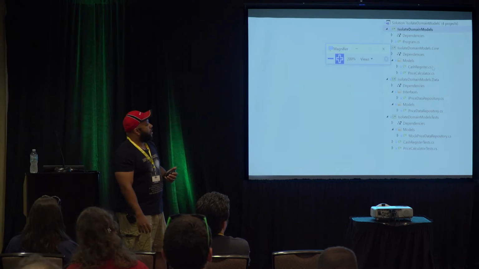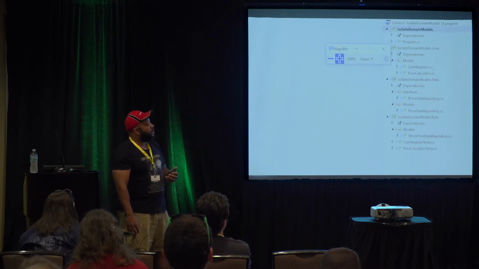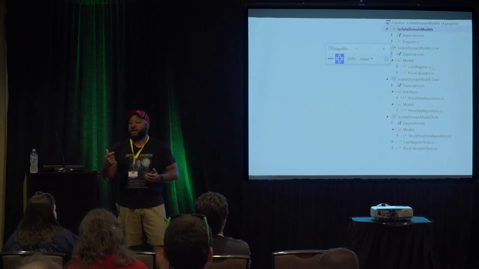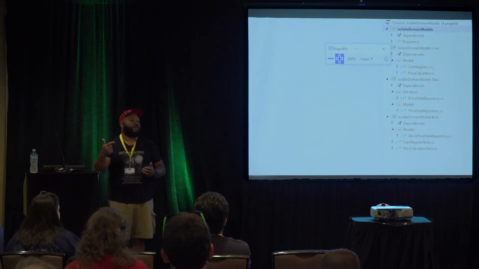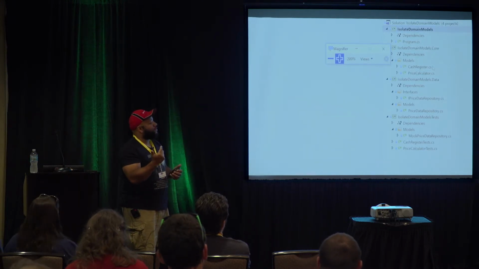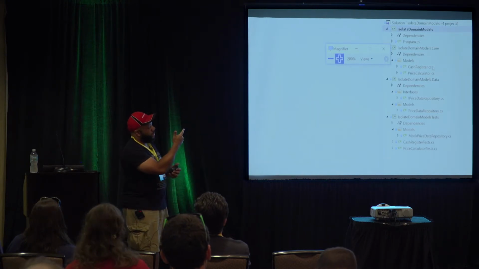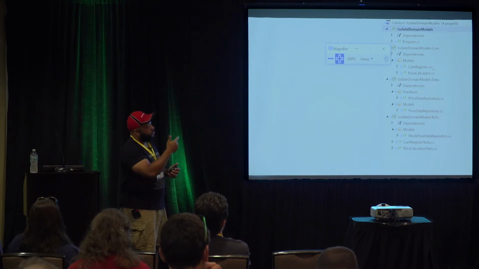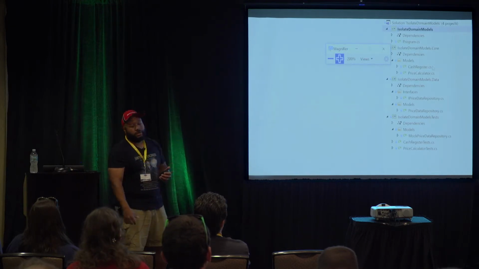So now, let's start with the domain models. We had a price calculator, and then we had a cache register, right? So we isolated them, and we actually put them in their own project. You'll see IsolatedDomainModels.Core, and then there's a folder in there called Models, and then there's our cache register and our price calculator.